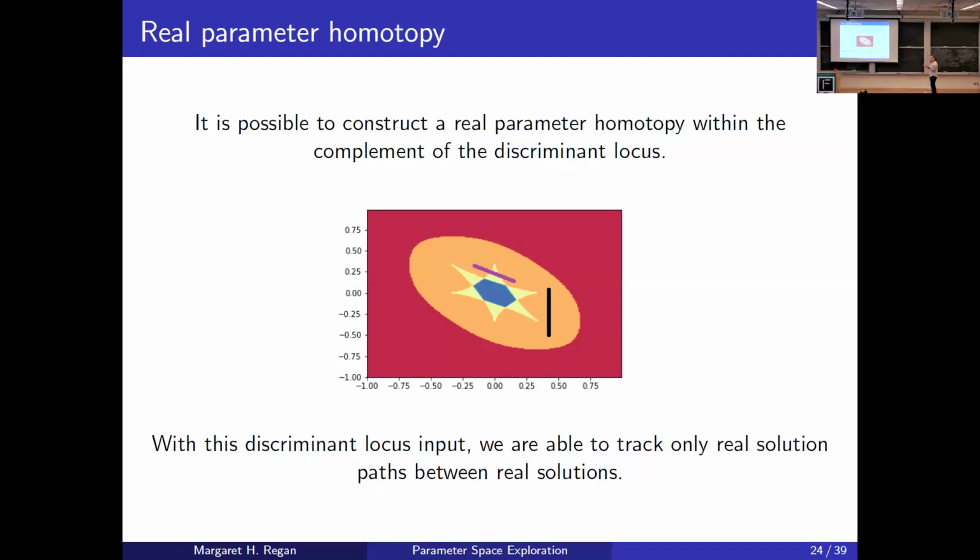But if you have a sample set that is close enough together, then you should be able to have the data from a parameter point that's in the same connected component where you wouldn't run into this issue. You would be able to do a real parameter homotopy from one point to the other, just track real solutions to real solutions.